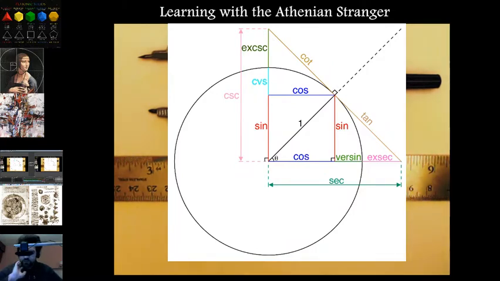This image shows all of the trigonometric functions plotted, and you see the sine and the cosine.